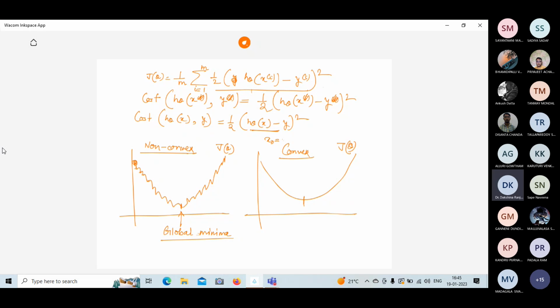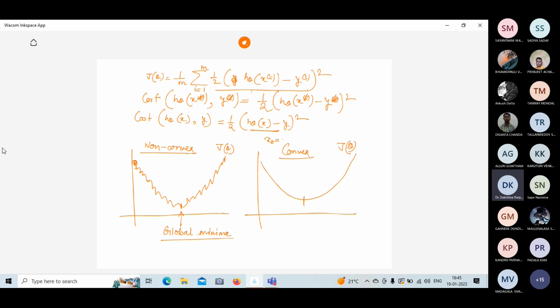This is much smoother than this non-convex curve. In the non-convex curve, we can see there are many local minima. To get rid of this local minima issue, we can use some other cost function which is defined in a different way.